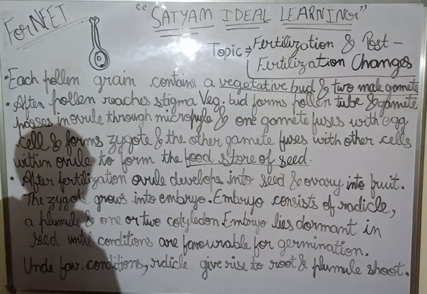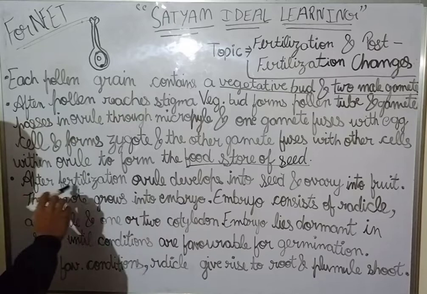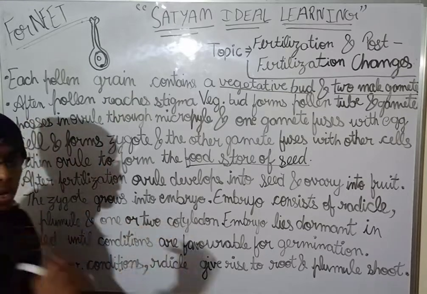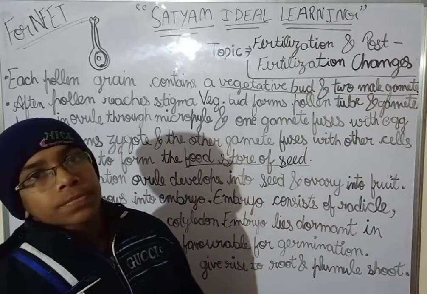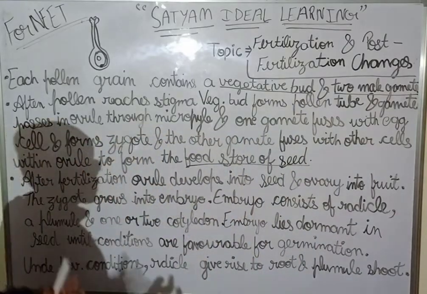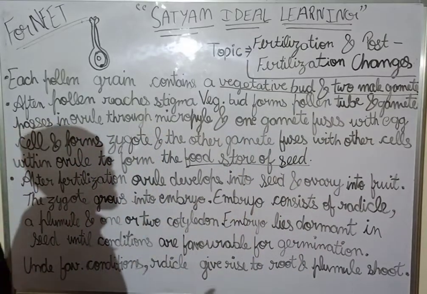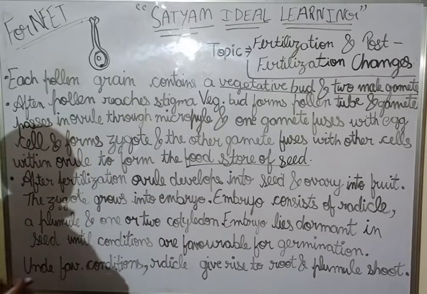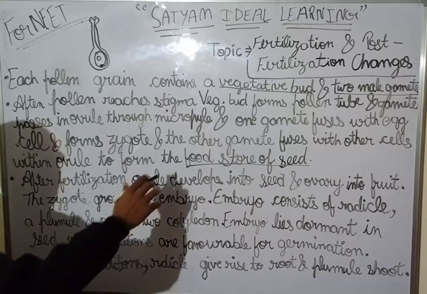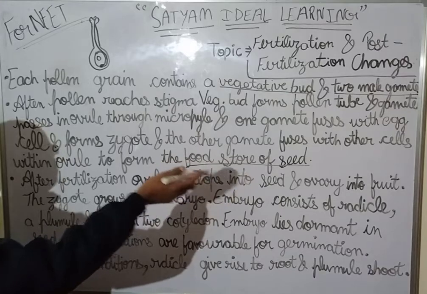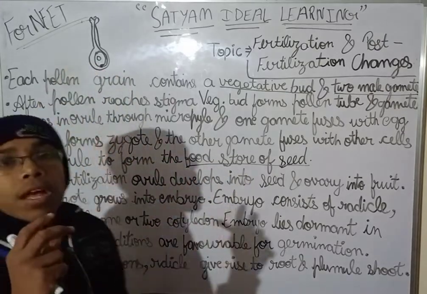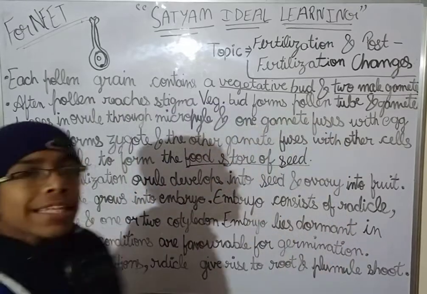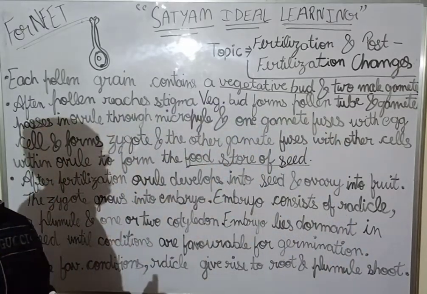Okay, now what happens after fertilization? We will now discuss post fertilization changes. We have already discussed how the food store of the seed is formed, and the zygote also. The zygote will now form the embryo.